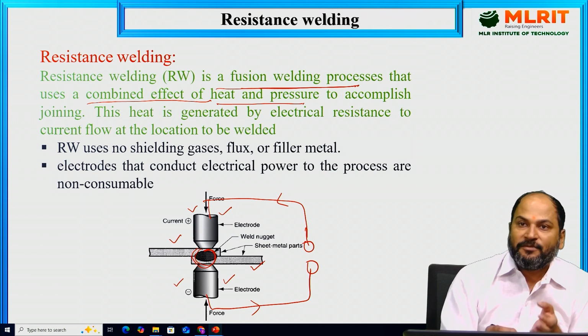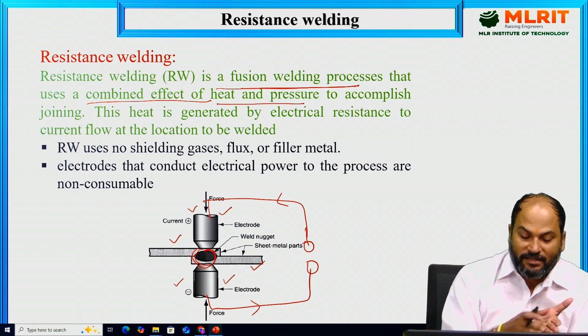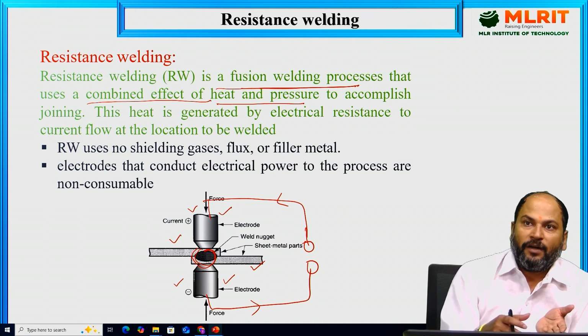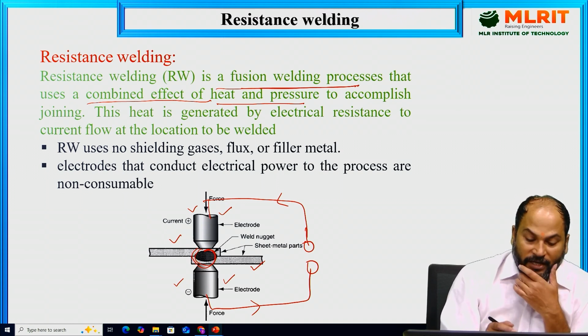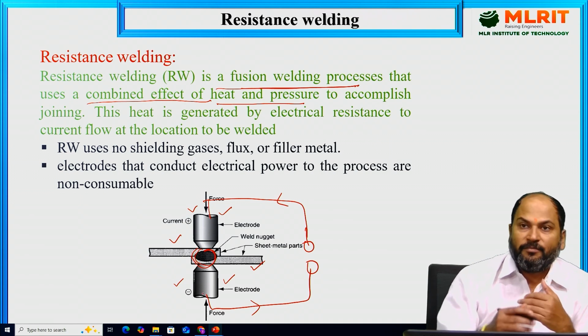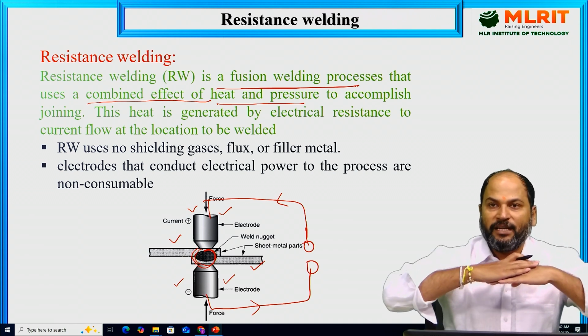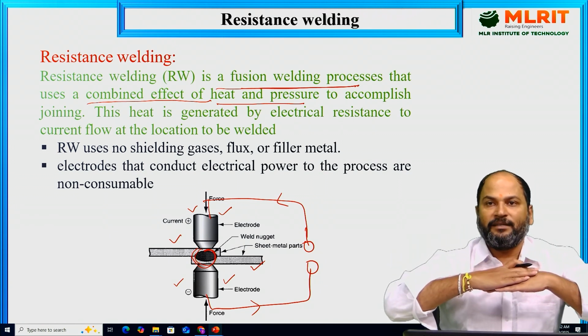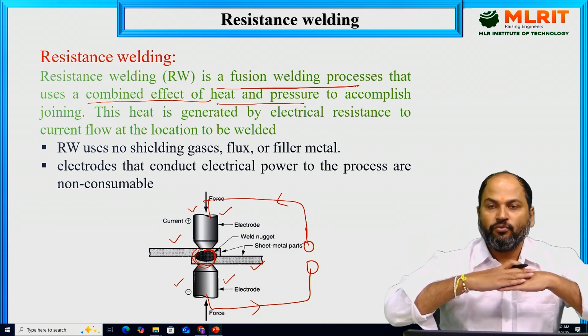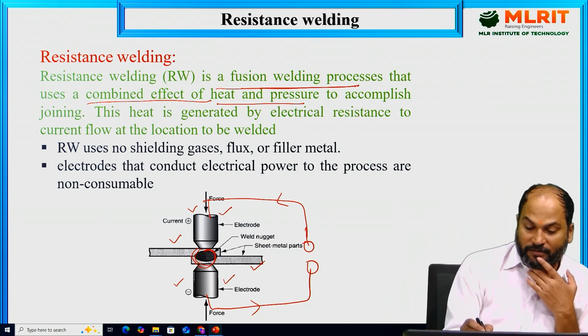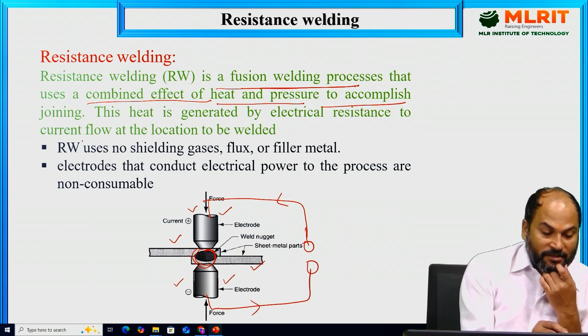Heat is supplied because of the contact resistance and the resistance of the other circuit elements. Pressure is applied from both sides. Once the material is sufficiently melted, pressure is applied on these two parts to join them together.